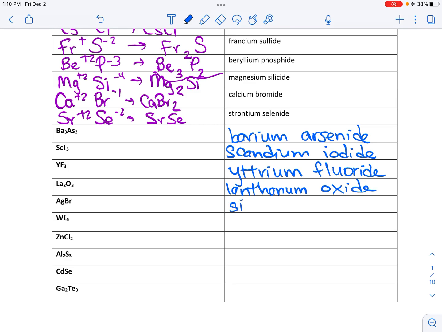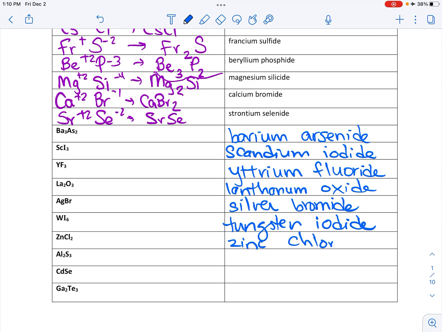Ag is silver. And this is bromide. W is tungsten. Iodine again becomes iodide. We have zinc, chloride, aluminum. By the way, if I'm going too fast, make sure you're looking at reference table S for names.